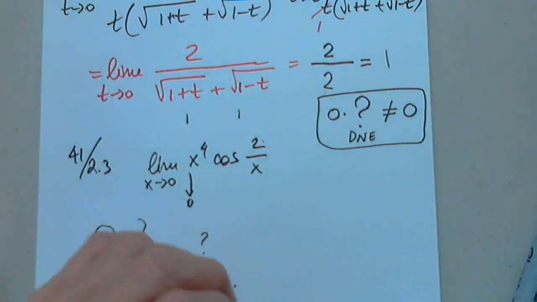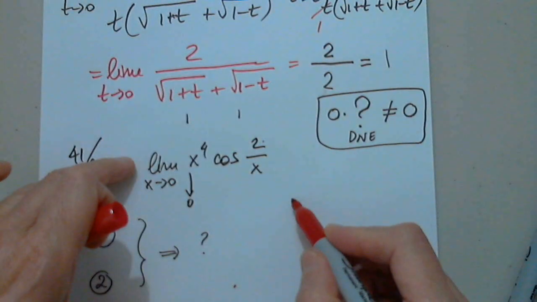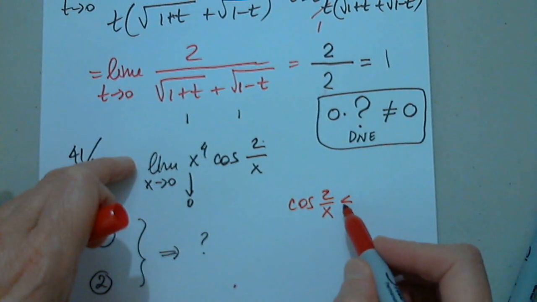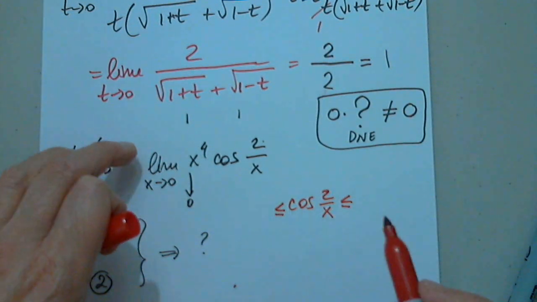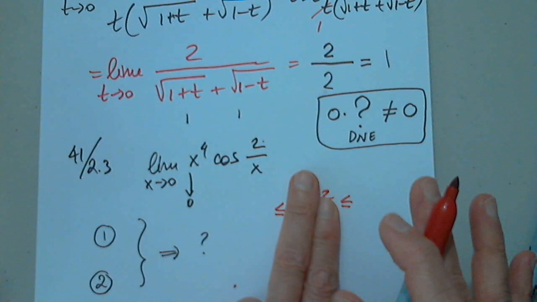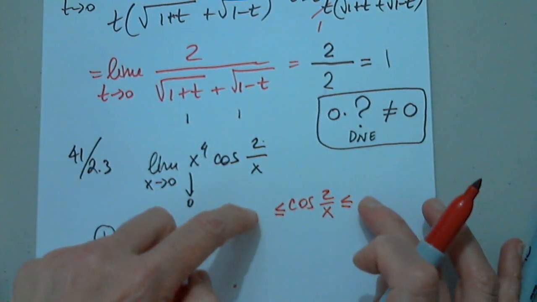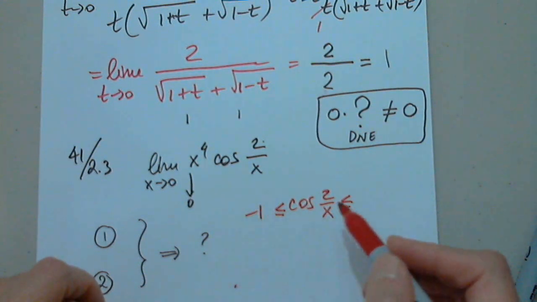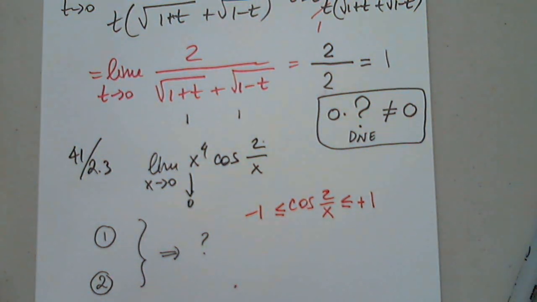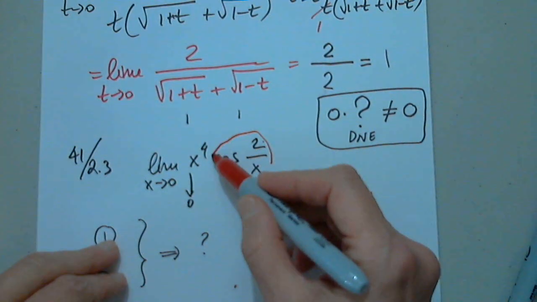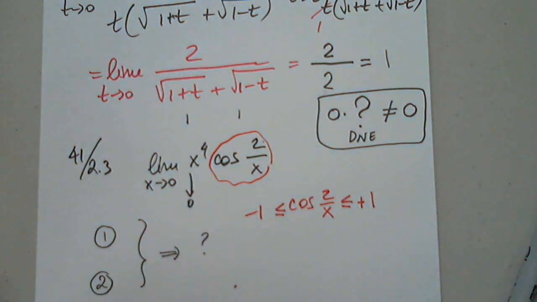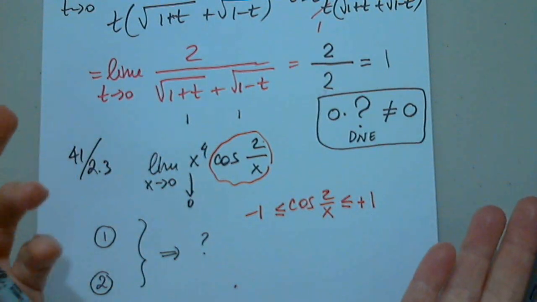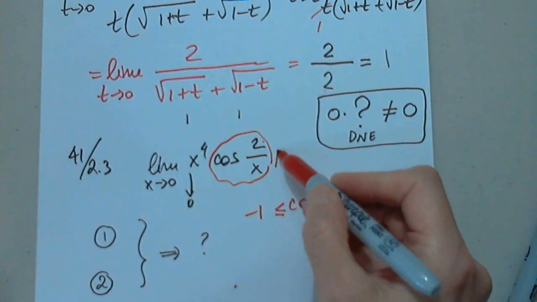So does anyone remember what those boundaries of any cosine are? Say it again. Is it 1 and -1? Excellent. So I can say this is squeezed between -1 and 1, but that's not good enough because the function is this.